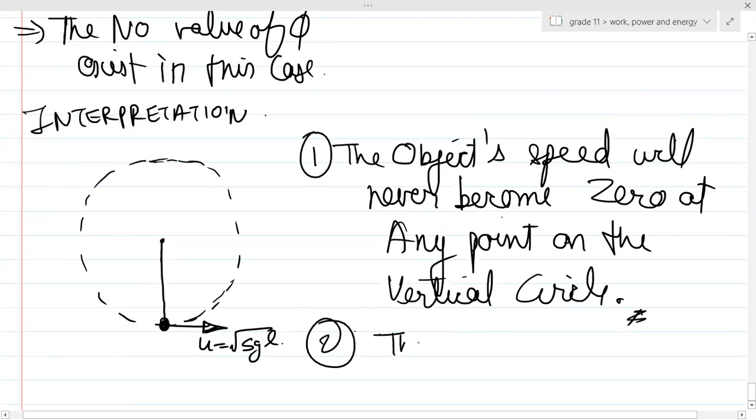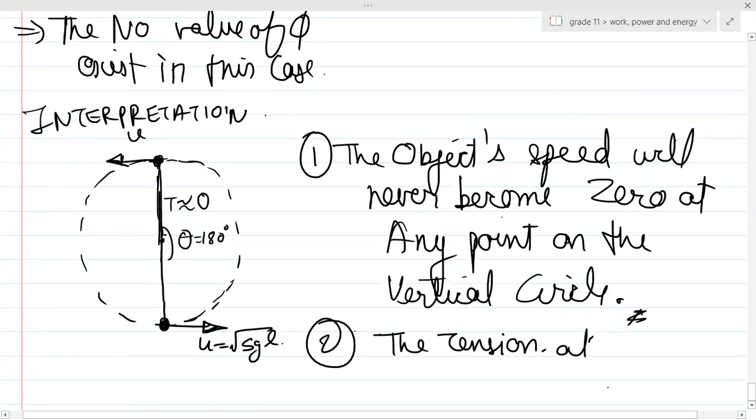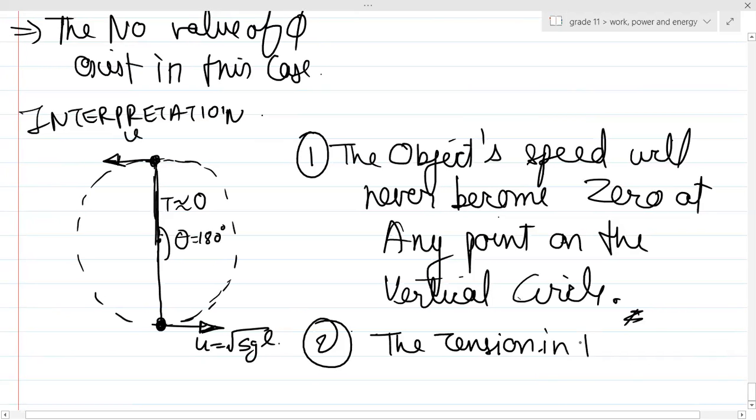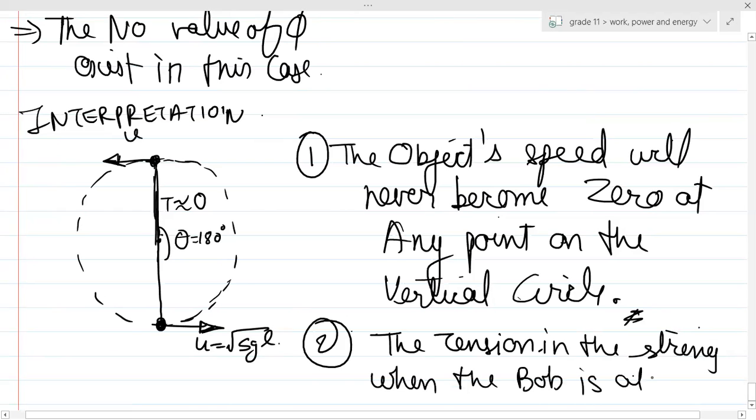The second point is the tension at the top. Can you see when the string becomes like this? Yes or no? Here it is moving with certain velocity. And when the angle is 180 degrees, at that instant when the string becomes vertical again, the tension in the string when the bob is at the top is 0.